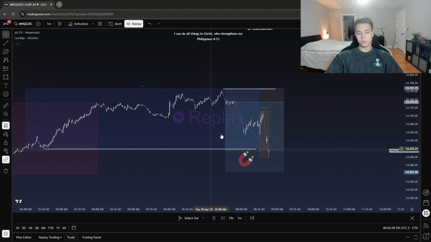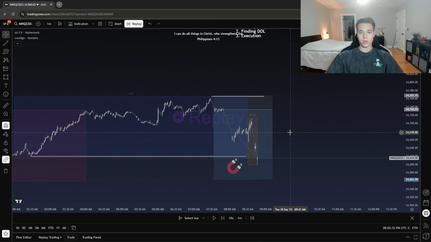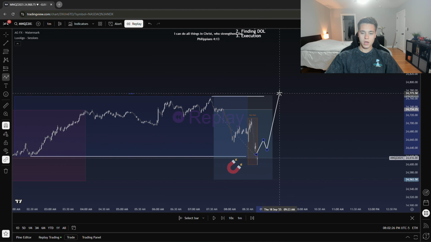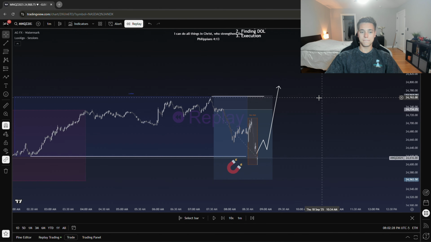Okay. And a New York trader comes in and says, hey, I see that there are stop losses sitting above this high right here. So what I'm going to do is make an execution. Let's just say he gets an execution at this retracement, and I'm going to target that stop loss. Okay, that's a perfect example right there.